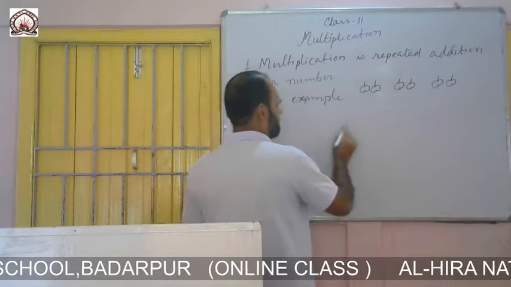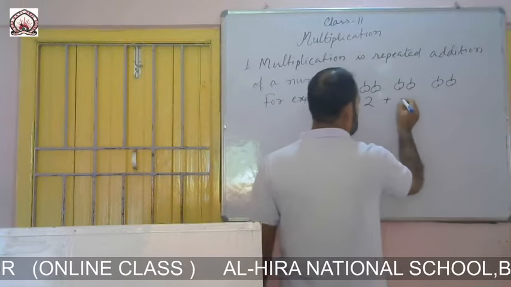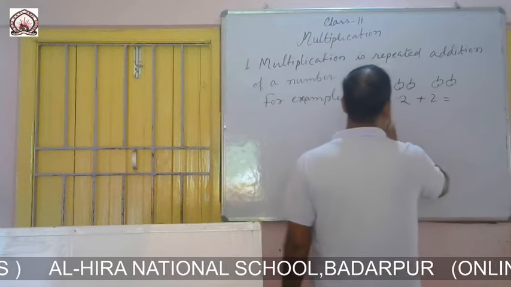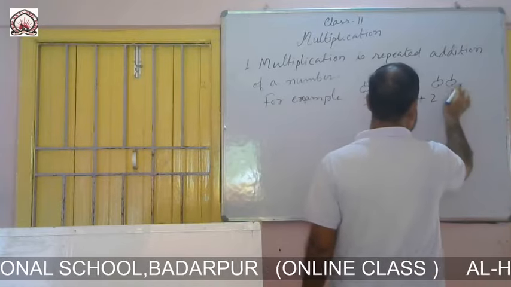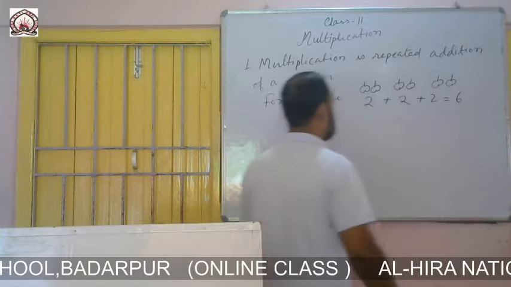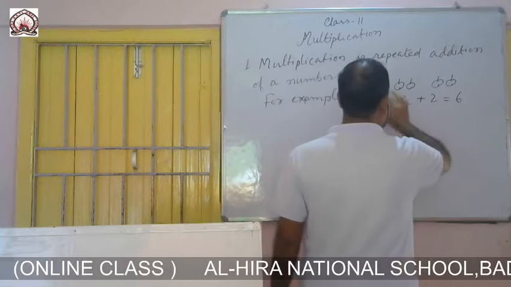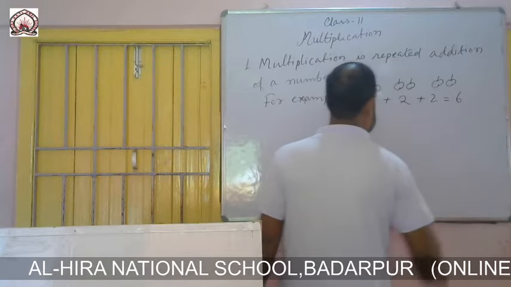That means 2 plus 2 plus 2 equal to how many apples are there? 1, 2, 3, 4, 5, 6. 6 apples are there. So we add 2 plus 2 plus 2 equal to 6.